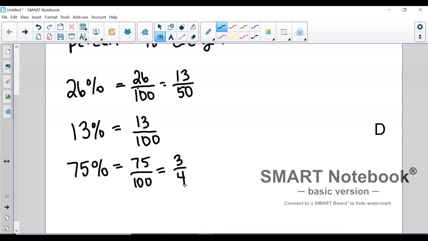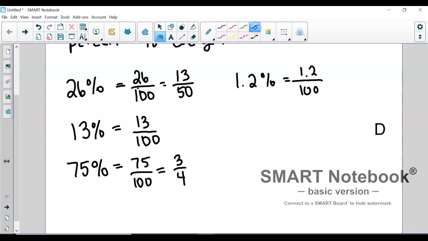Sometimes you have decimals in your percent. So maybe you've got 1.2%. Well, that would be 1.2 over 100. Now, that is a fraction that includes a decimal. We really don't like to do that.